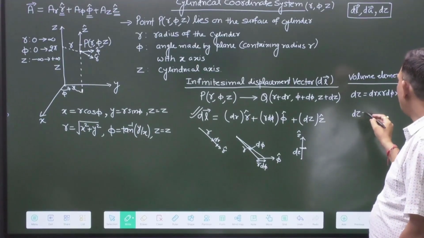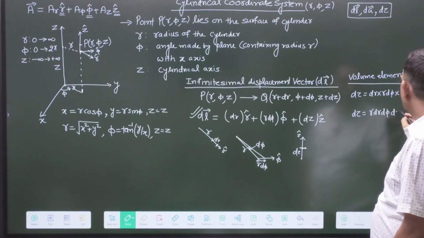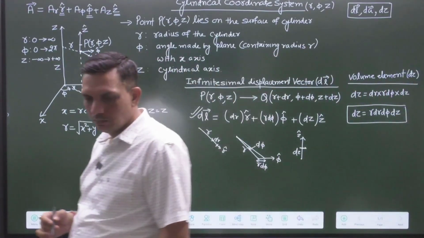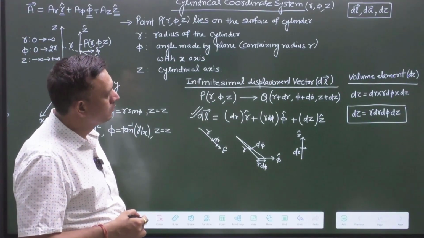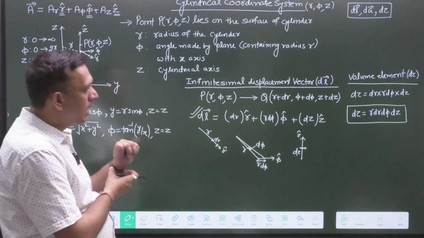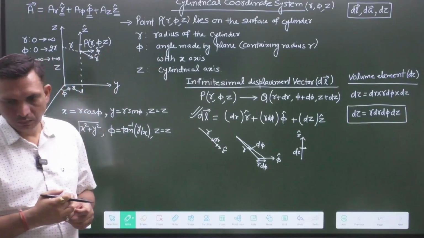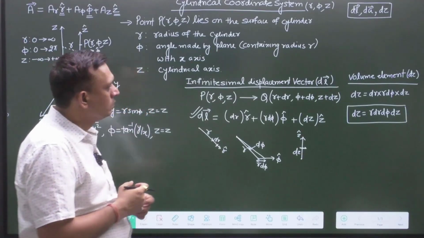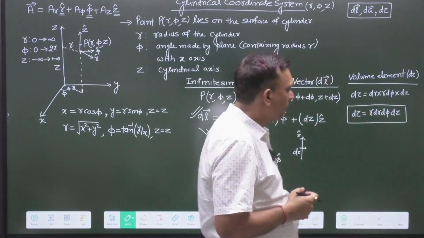So d tau is r dr d phi dz. Just multiply these sides and you will get the volume element.